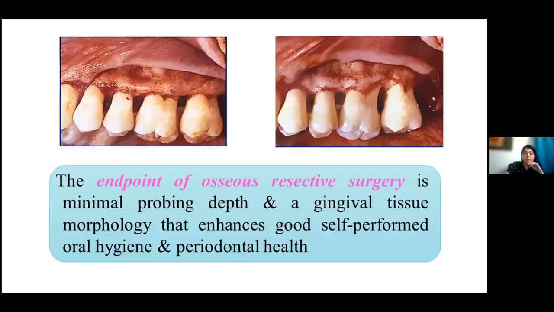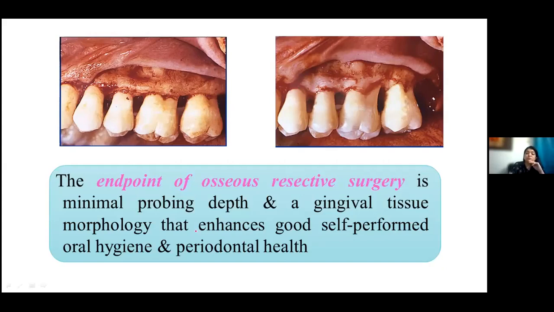So what should be the endpoint of your osseous resective surgery? You see this image here. Here, there are ledges. This is bulbous bone. The architecture is not positive. Here they have reshaped it, right? They have adapted the bone to the surface, and although there is a crater here, I get it, but they have tried to bring about some positive architecture.